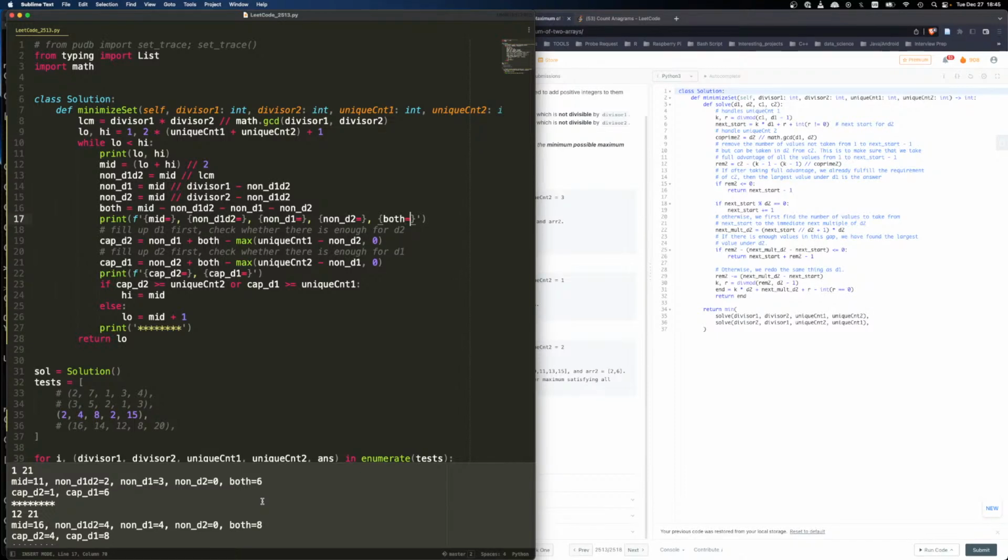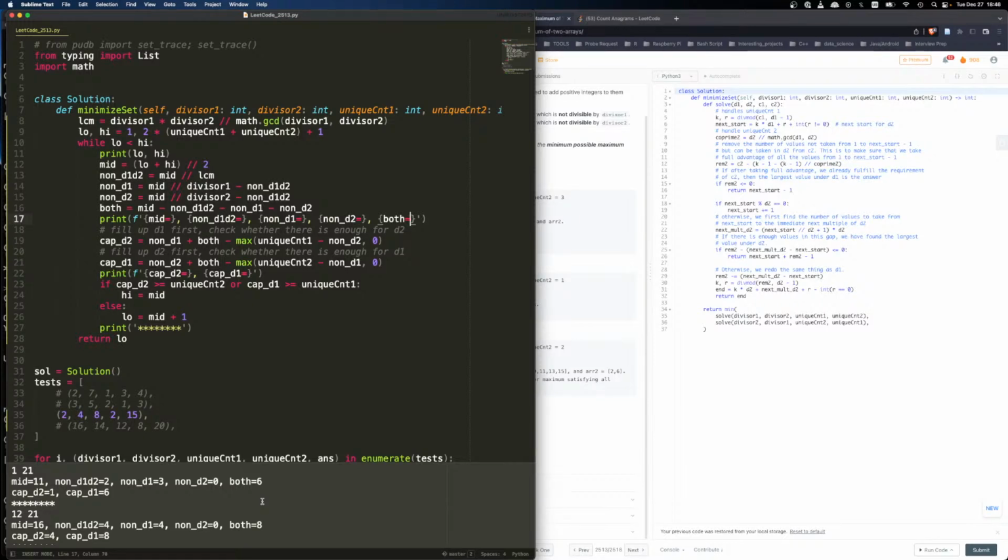That is correct, right? So if I want to fill D1 first, and D1 is asking for how many? D1 is asking for 8. Okay, want to fill 8, then non D2 is 0.